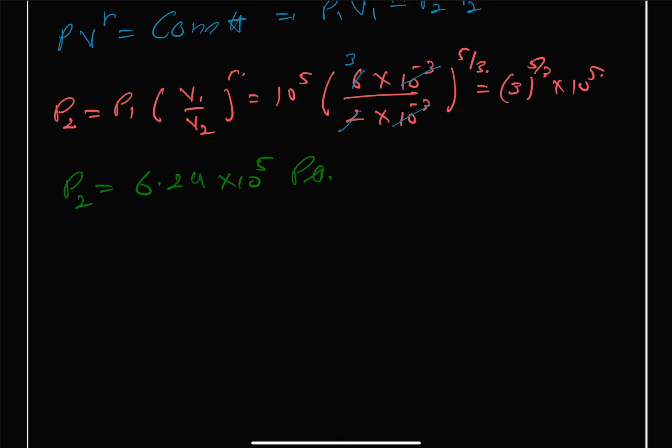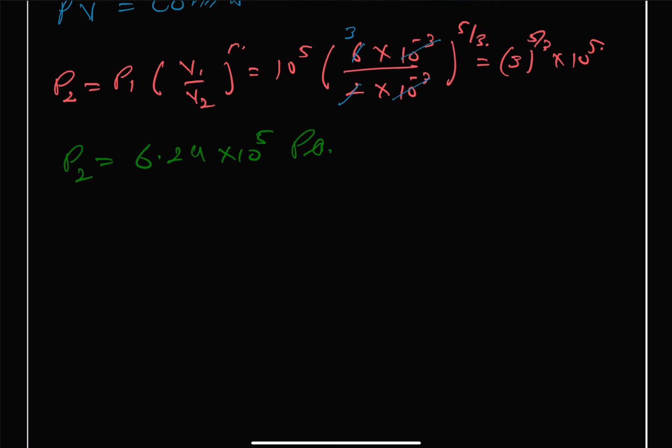Because from there we are going to find out delta U, and in order to get delta U we need the delta T. Therefore we can use the ideal gas law, PV is equal to nRT, in order to find out the temperature.